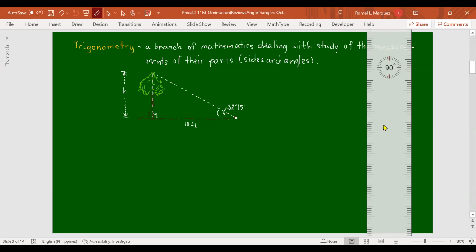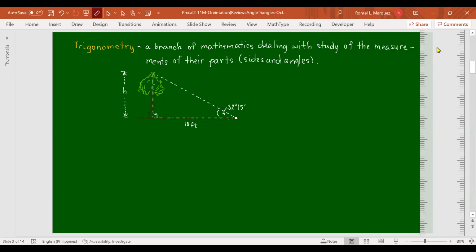There is another way of defining trigonometry. Trigonometry is not only applicable to those that can form triangles. We can also apply trigonometry to those phenomena that are periodic in nature.